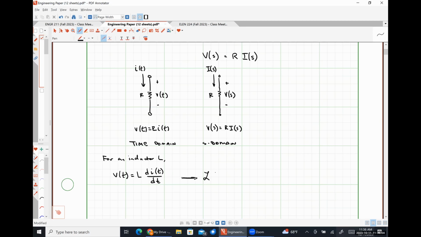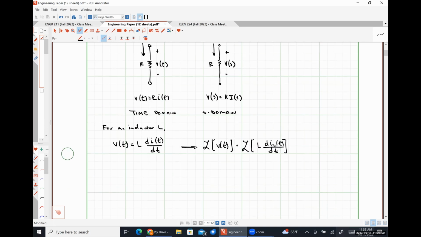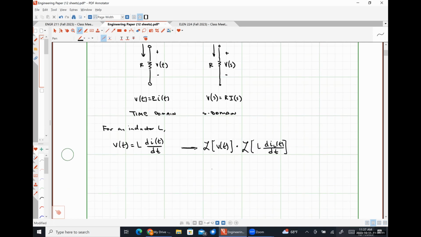So I'll have the Laplace transform of V of t must be equal to the Laplace transform of L times di by dt. So on the left-hand side, we are just going to have V as a function of S.